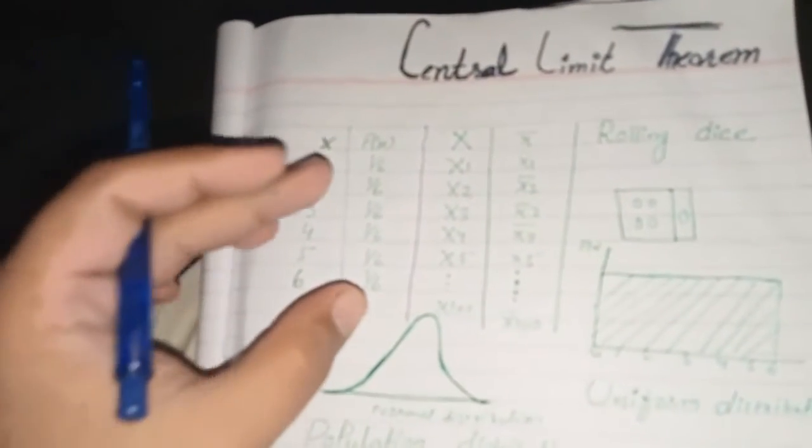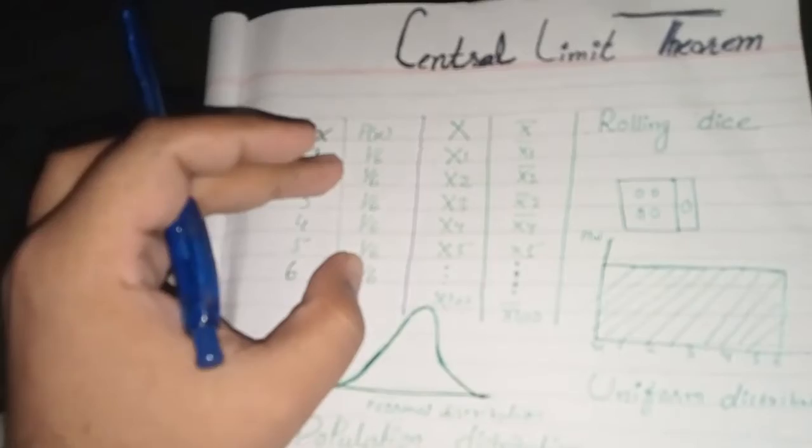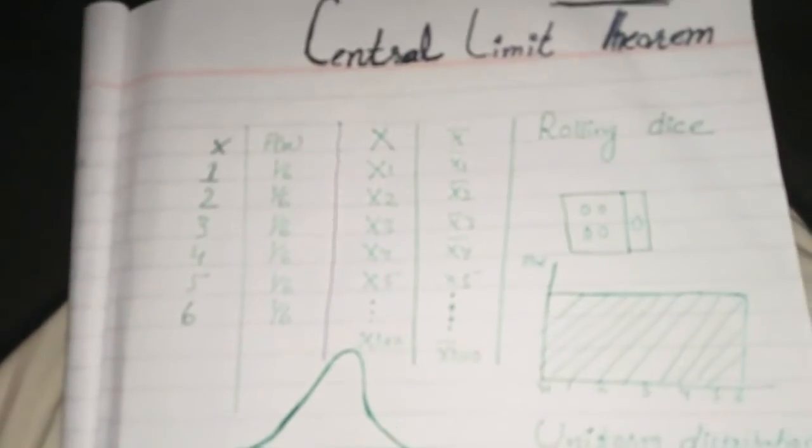So if you can see, each has equal probability. This is a scenario where the probabilities of each random variable are equal, uniform.